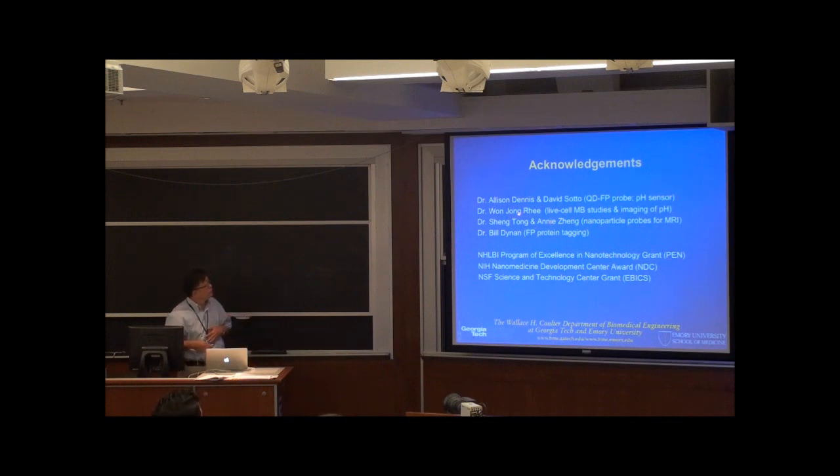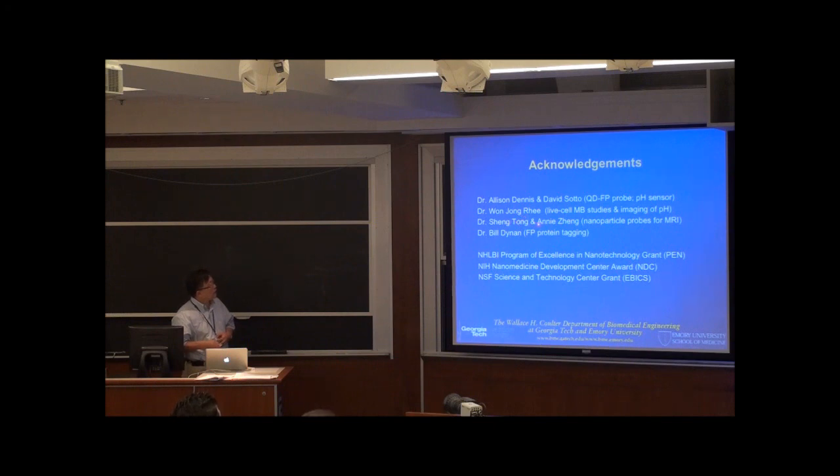So with that, I would like to acknowledge my lab members and collaborators on the results I showed you. Alison was a PhD student. She's doing a postdoc now. And David was an undergraduate student doing the quantum dot fluorescent protein probe development and also some of the pH sensing work. He is now a PhD student. Wang Jiang was a postdoc in my lab. He did the live cell molecular beacon studies and the imaging of pH in living cells.